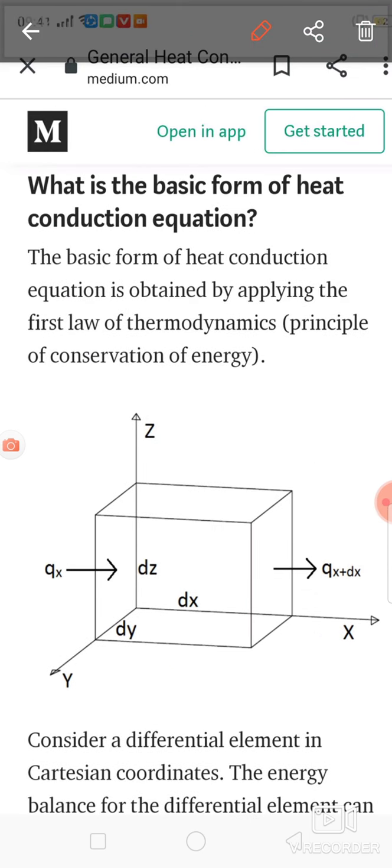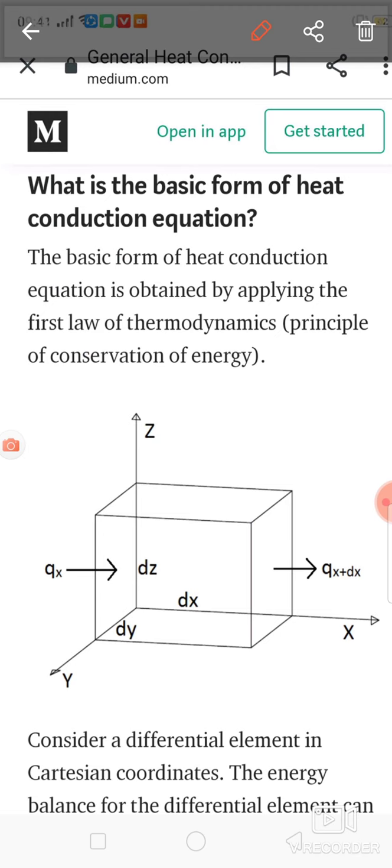So for heat transfer through this face, that is qx amount of heat is conducted into the element in the x direction. Similarly qx plus dx, that amount of heat is conducted out from that element.